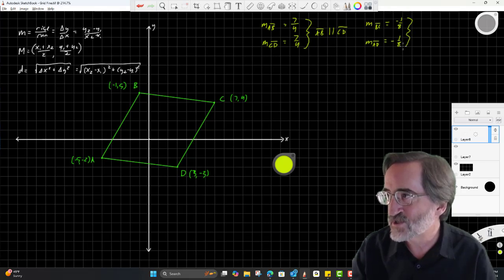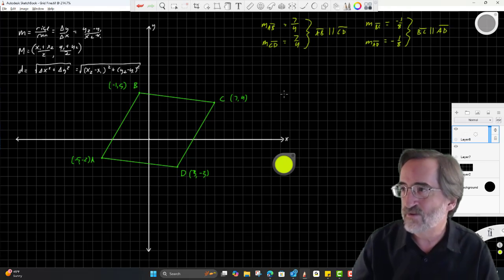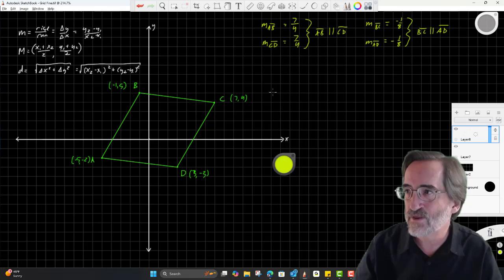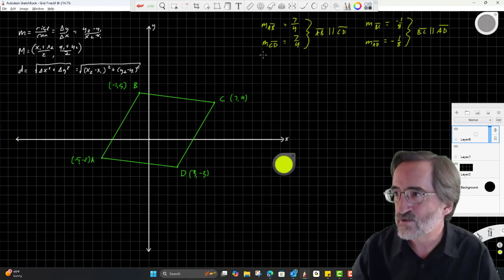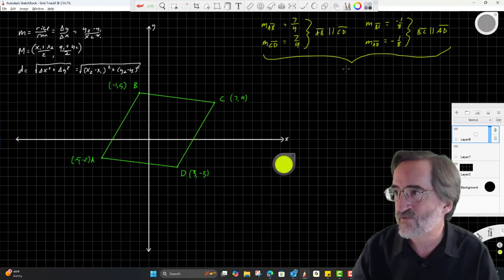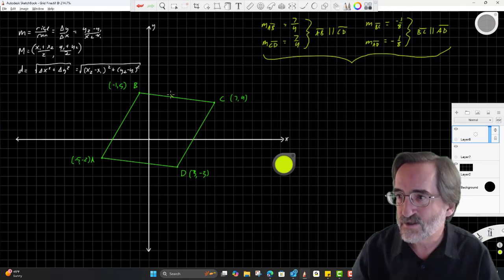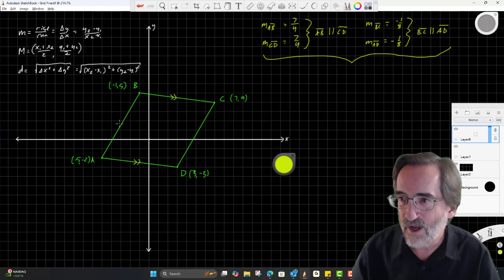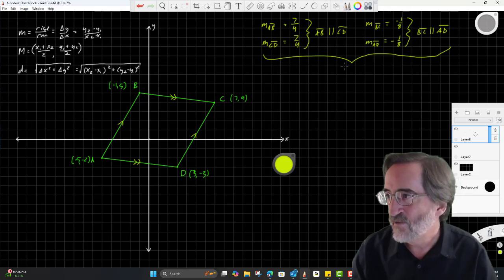Since the slopes are the same, BC is parallel to AD. So we've proven that those two segments are parallel. And the combination of both of these facts, that BC is parallel to AD and that AB is parallel to DC, serves as a proof that this is a parallelogram.